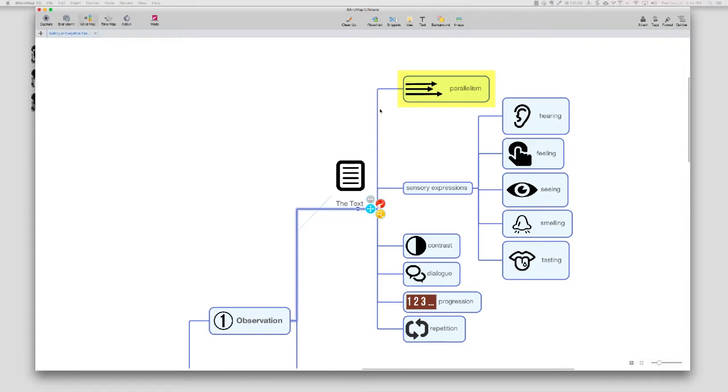This is really common in Hebrew literature, and so that's why I put it in here, because it pops up all the time in the Bible. And the second category is sensory expressions. But then there's contrasts, this happens a lot also, where the author is contrasting one idea or attitude with another one. You also want to look for words in the text that are expressing dialogue.